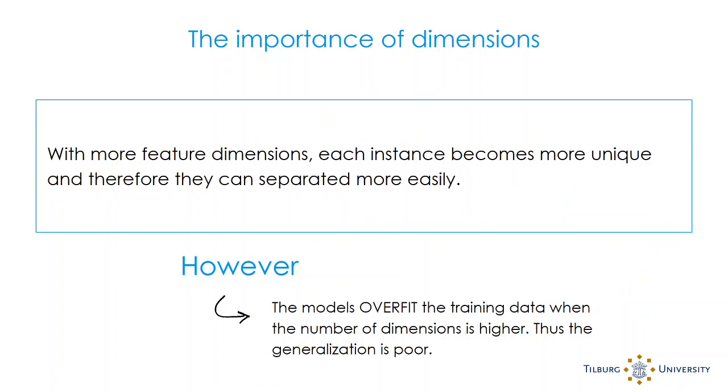So my point here is that if we add more feature dimensions to the problem, each instance becomes more unique. So we can actually separate better the classes. However, at the same time, we are increasing the risk of doing overfitting.